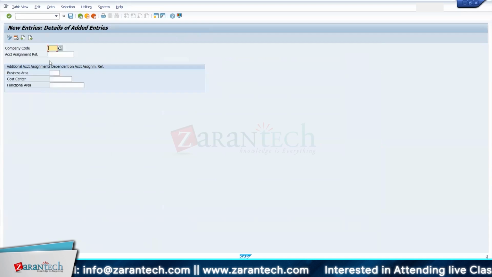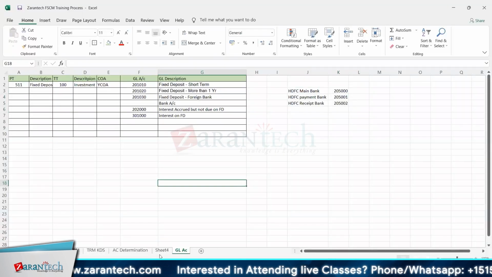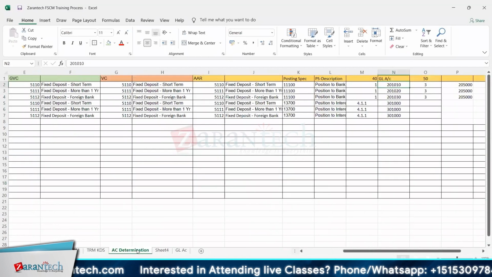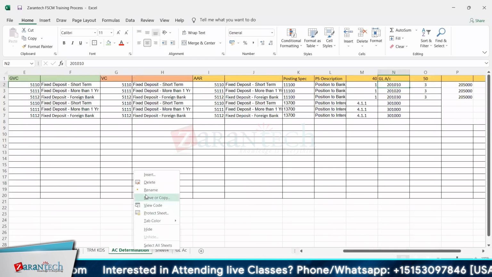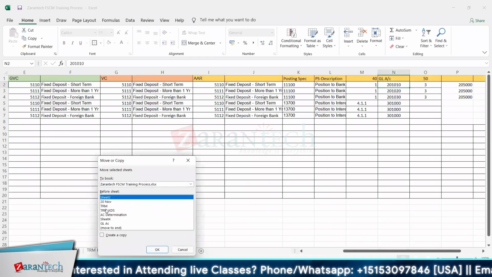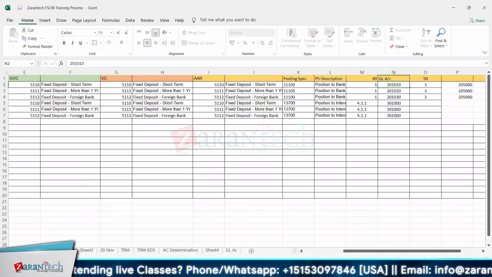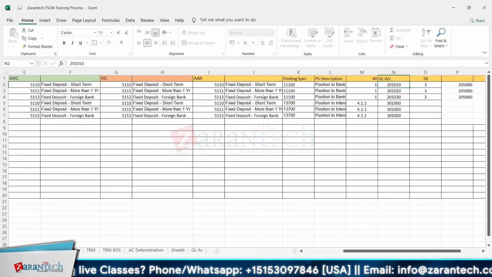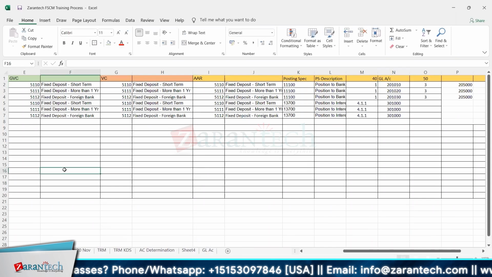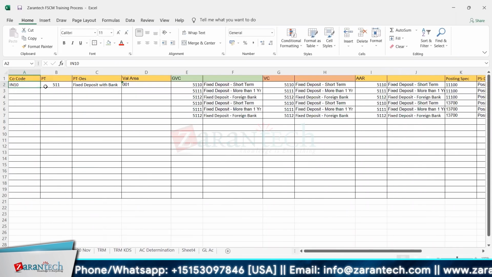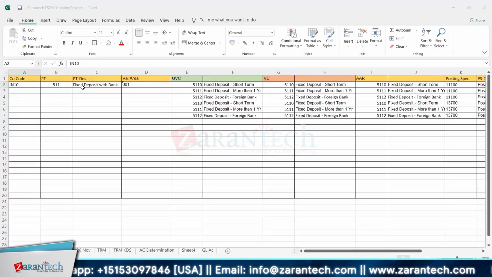Here I need to do the assignment. So my company code is IN10. You should maintain one cost center determination. Very simple.